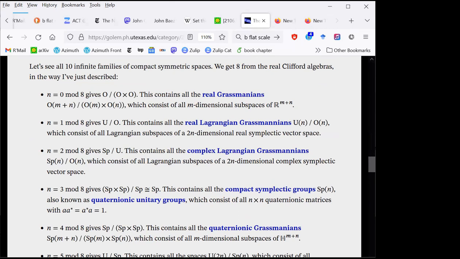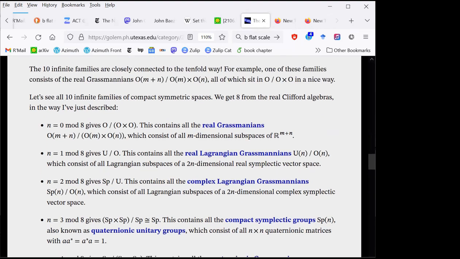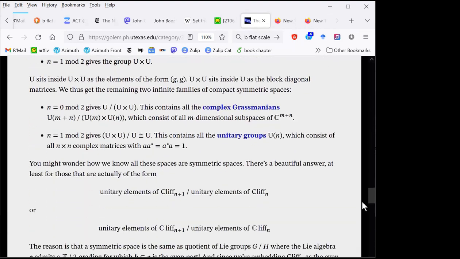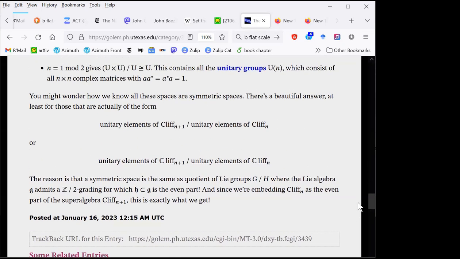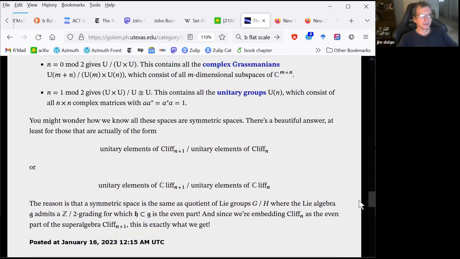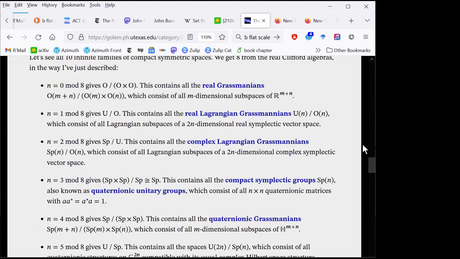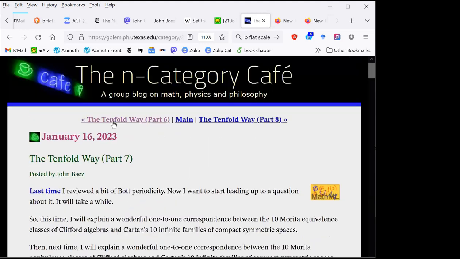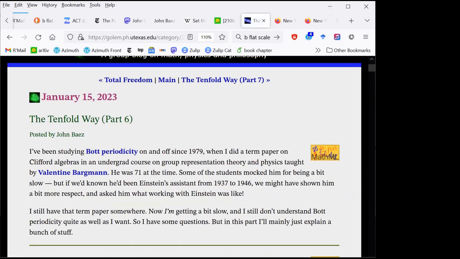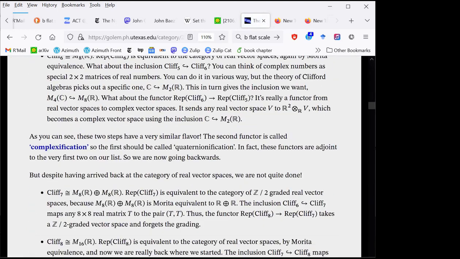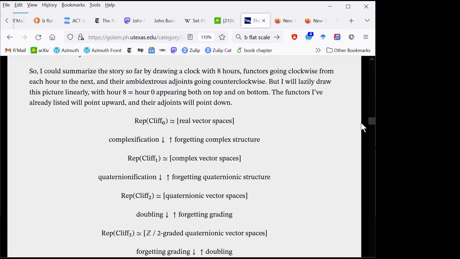And then what we're doing is looking at maps from each Clifford algebra into the next one. And that gives you a relation between their categories of modules.